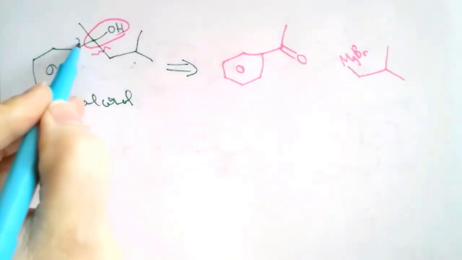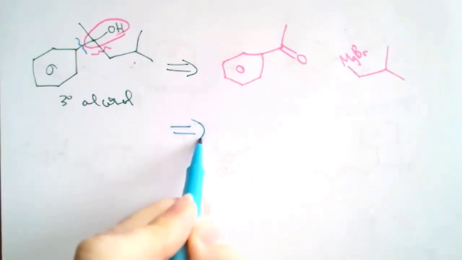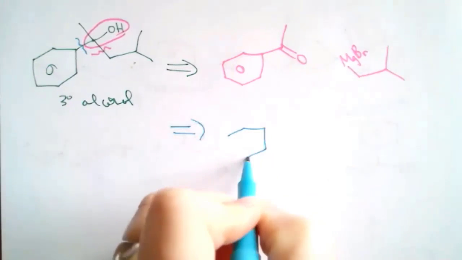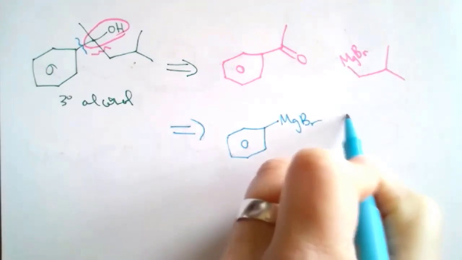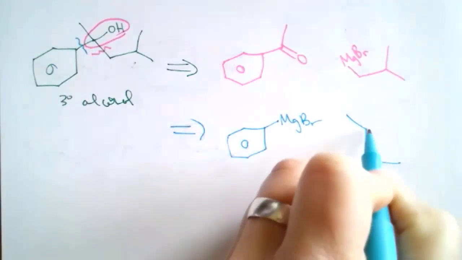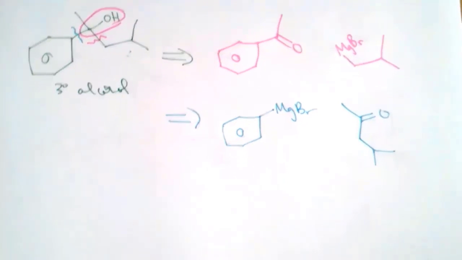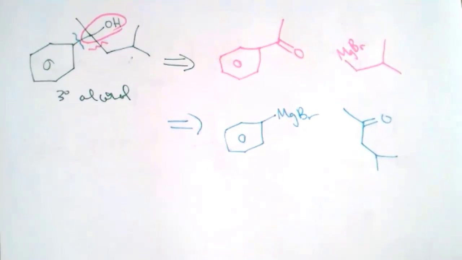We're going to do another one in blue. There's my Grignard. There's my ketone. We'll do the last one in green.